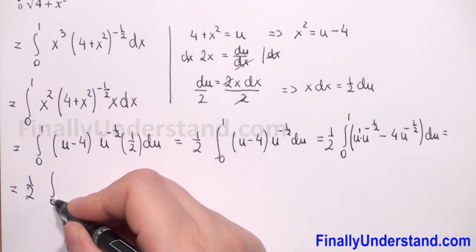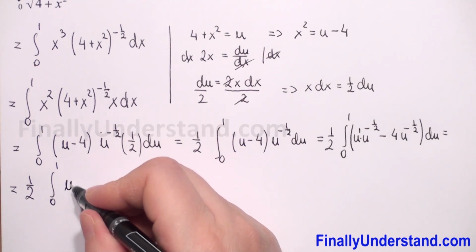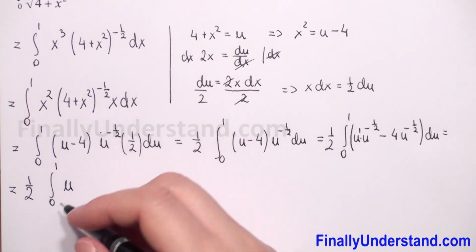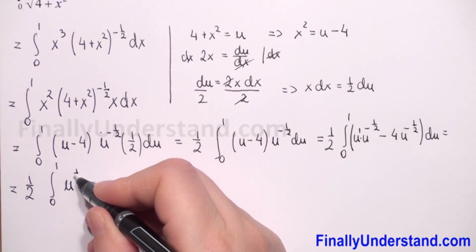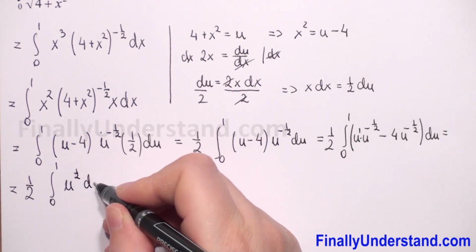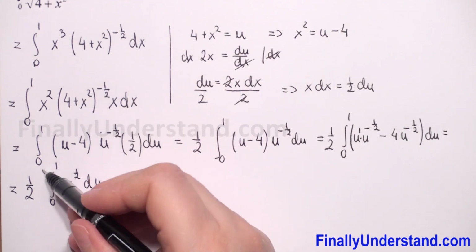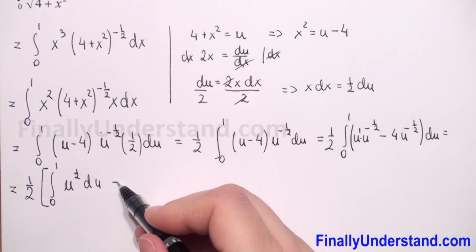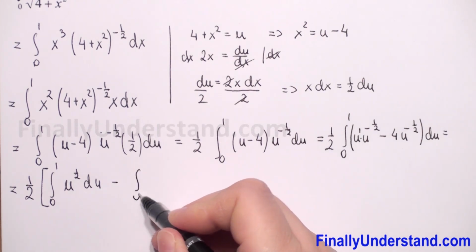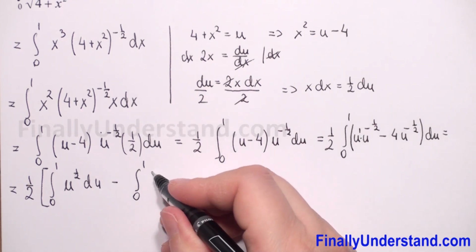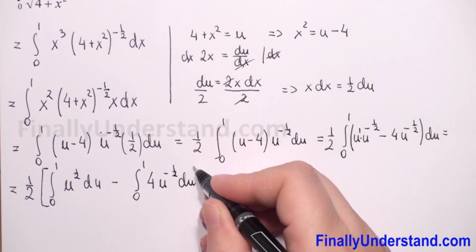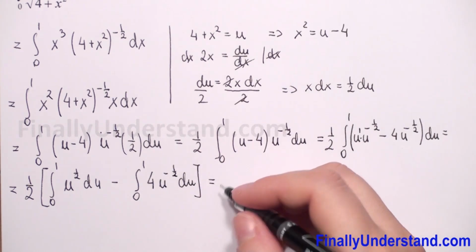We have the integral from 0 to 1 of u to the power 1 plus negative 1/2, which is 1/2, with respect to u. Let me put this in brackets because we have 1/2 at the beginning of this integral, and minus we have the integral from 0 to 1 of 4u to the power negative 1/2 du. Close brackets.